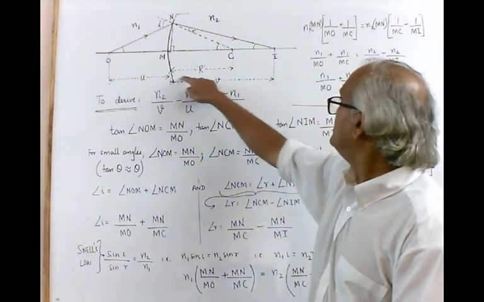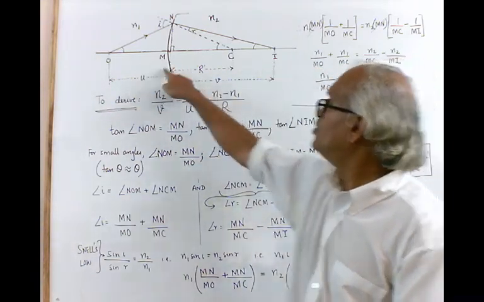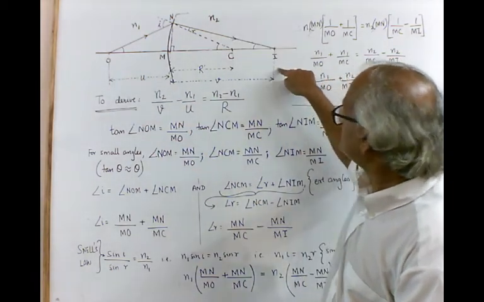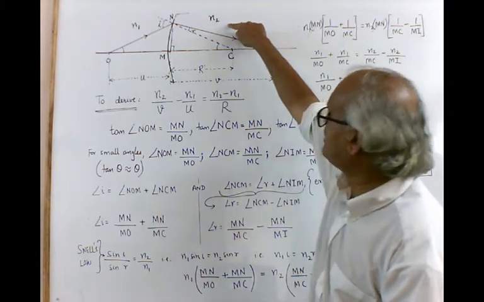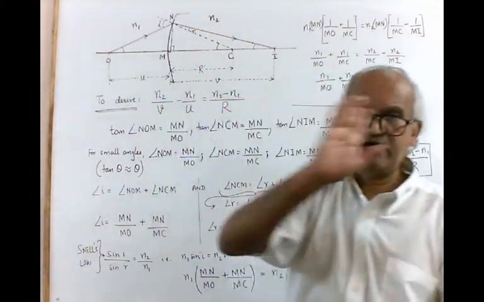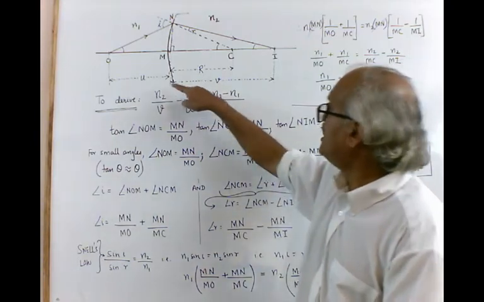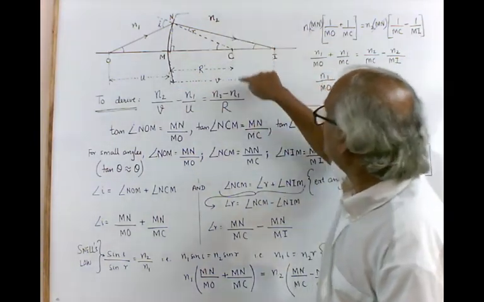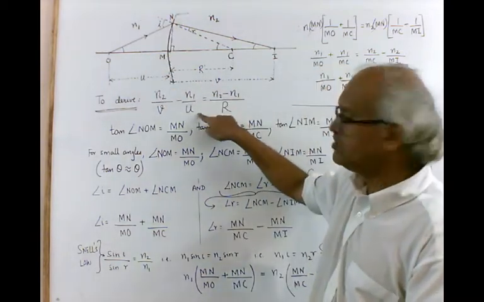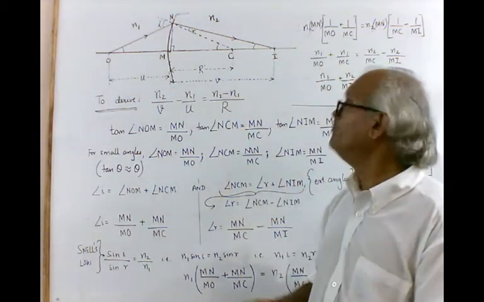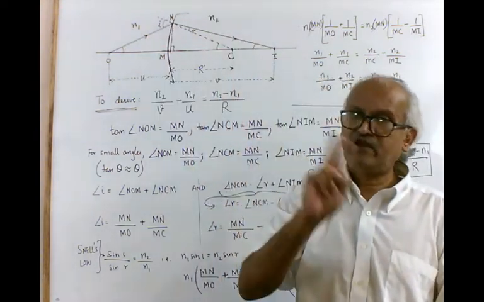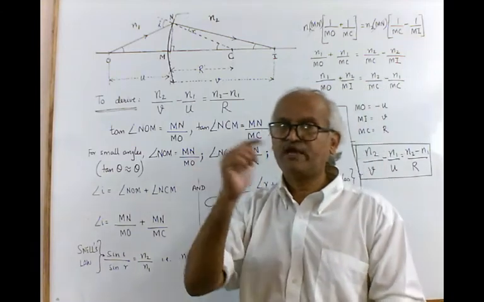So v is the image distance, u is the object distance, and n2 is the refractive index of the medium where the image is formed, n1 is the refractive index of the medium where the object is kept. So n2 upon v minus n1 upon u is equal to n2 minus n1, the difference of the refractive indices of the two media.